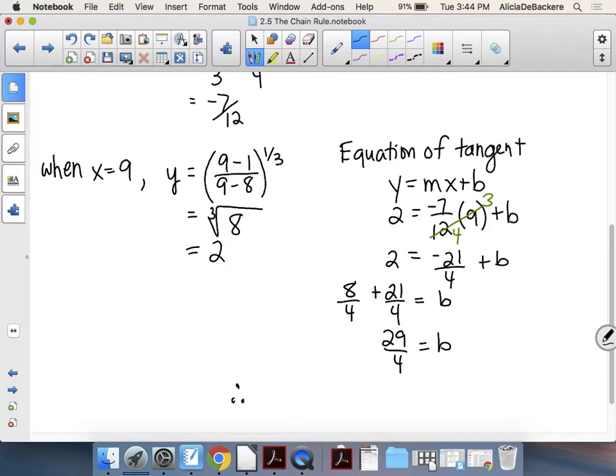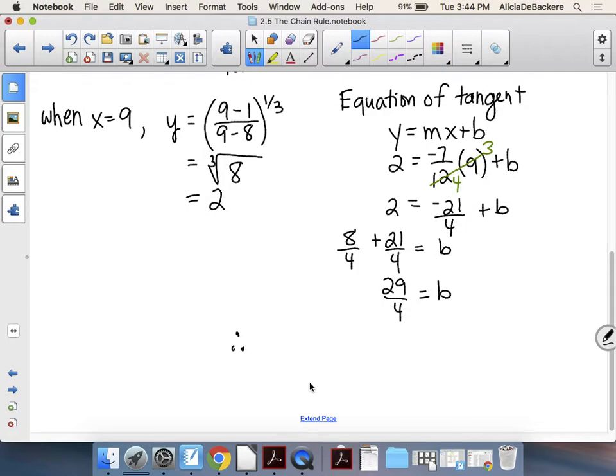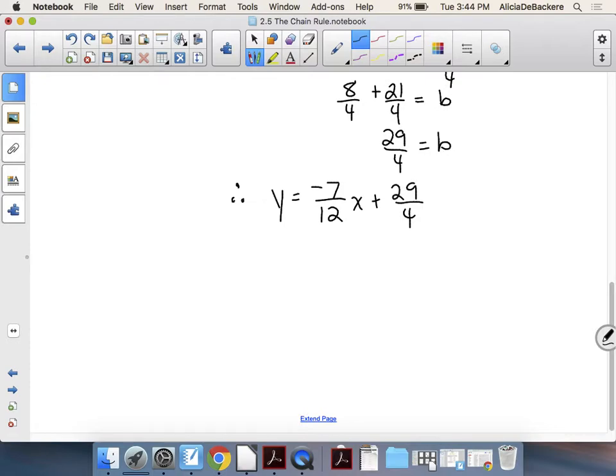Therefore, my equation is y equals, my slope was -7/12, x plus my b value. And then to get rid of the denominators and put it into standard form, I'm going to multiply everything by the lowest common denominator. The lowest common denominator is 12, so I get 12y.